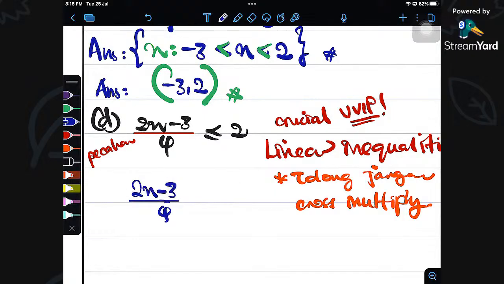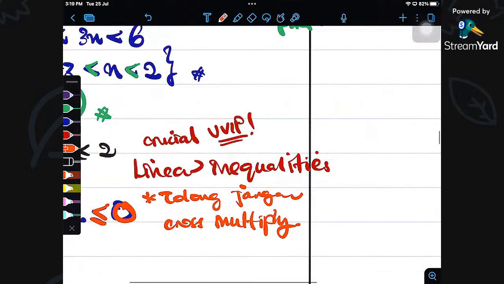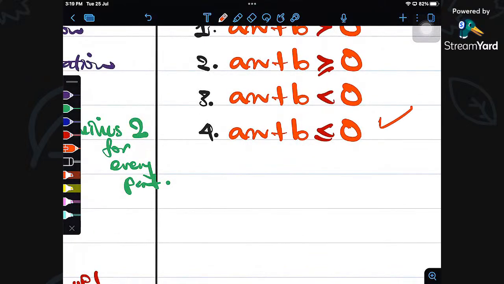Okay, I need you to minus both sides with -2 so that di belah kanan ni hilang menjadi kosong. This is what I'm begging you to do, where you must make sure that you got this less than or equal to 0. This is our goal, you know. We gotta make sure that everything is 0.